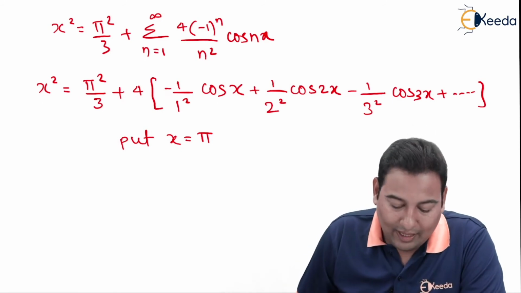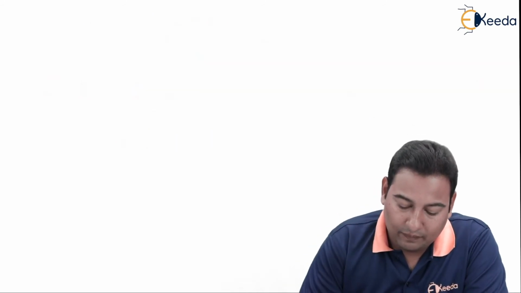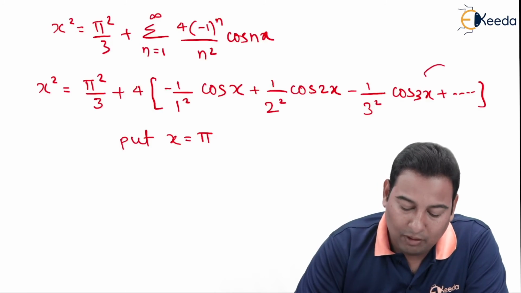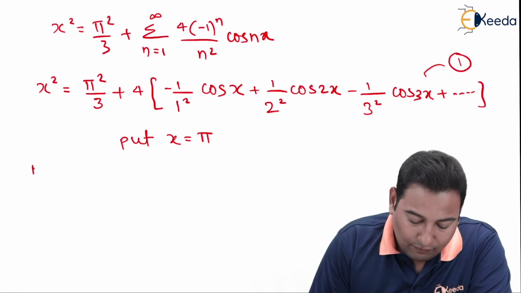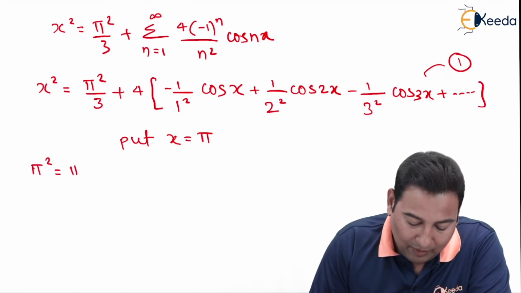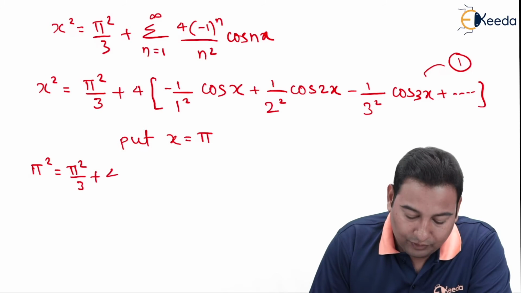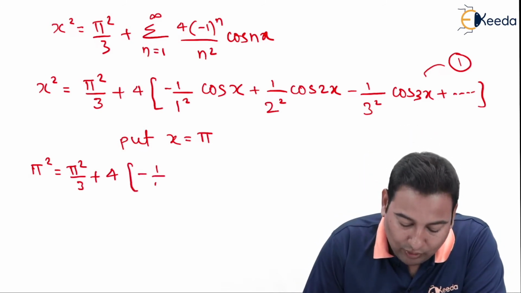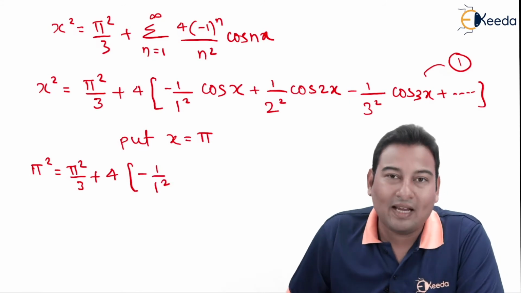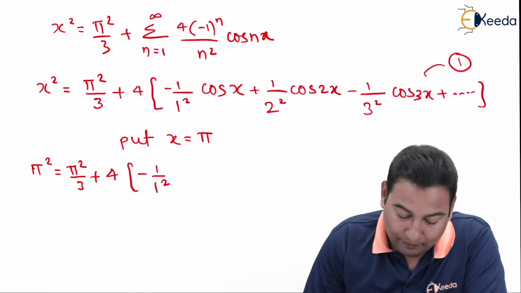If we substitute x equal to pi in equation number 1, the left side will get pi square. Here it will be pi square by 3 plus 4 inside. If we put x equal to pi, this is minus 1 upon 1 square. Cos pi is minus 1.